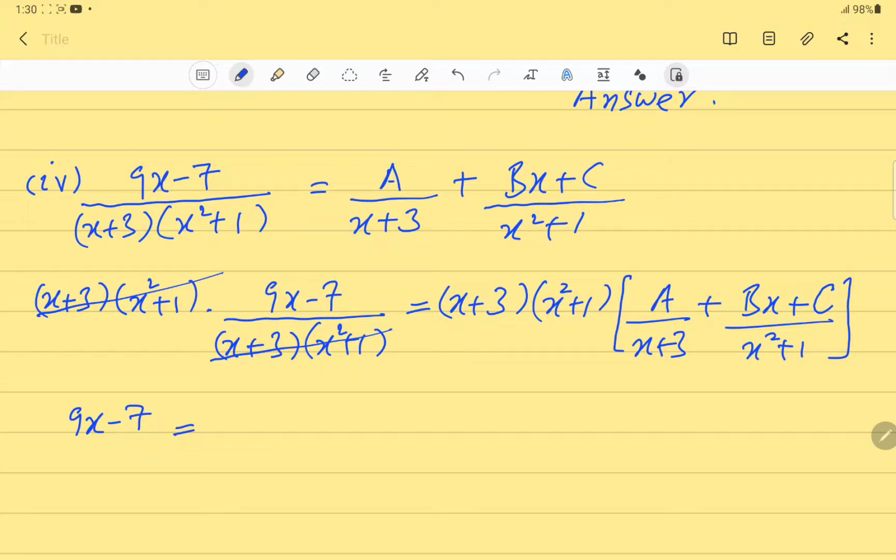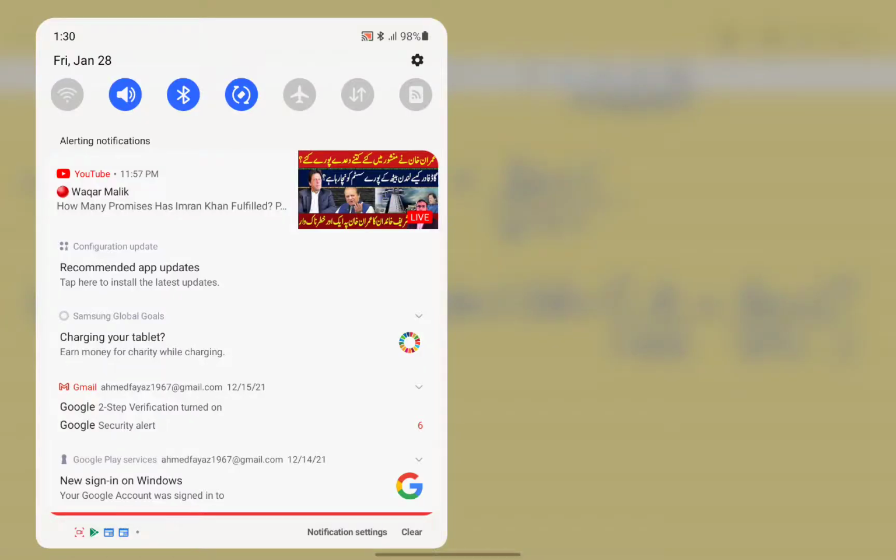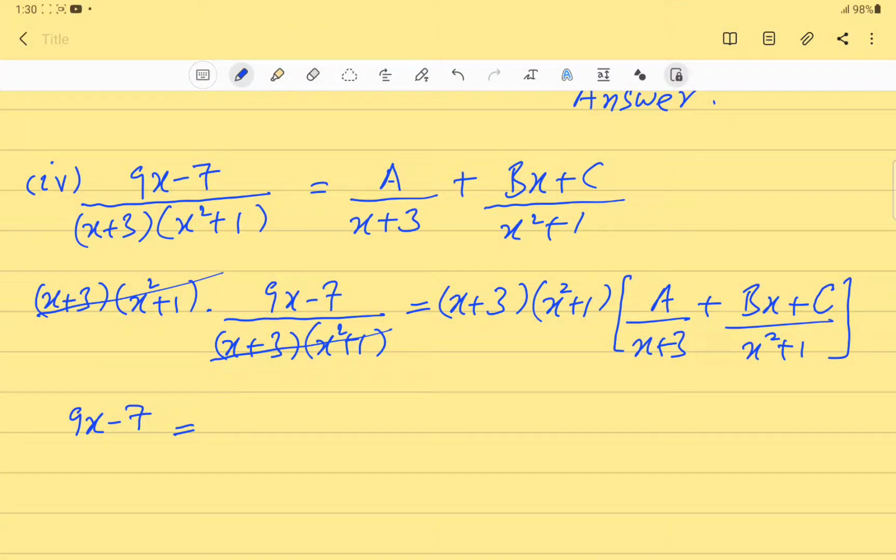And now we multiply (x + 3)(x² + 1) with both the terms which are there inside the bracket. By doing so, we get a(x² + 1) + (bx + c)(x + 3).